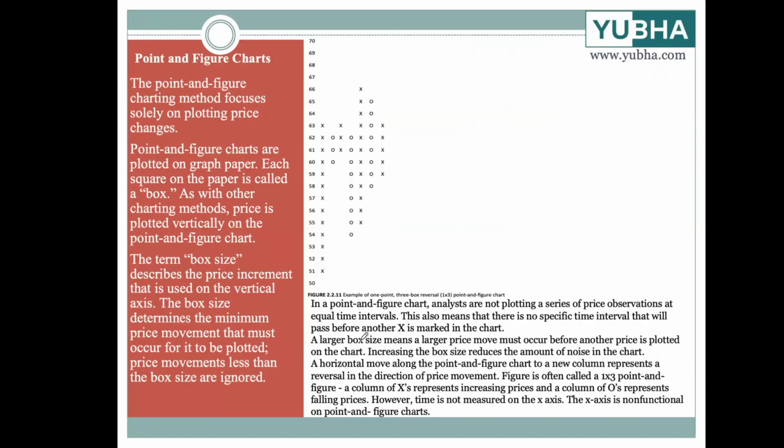So depending on the box size, you can figure out whether there's a large price movement or not. Increasing the box size reduces the amount of noise. What we discussed earlier, that noise is nothing but movements in the chart. If you increase the box, then what you'll see is that probably the prices are just moving in one direction.